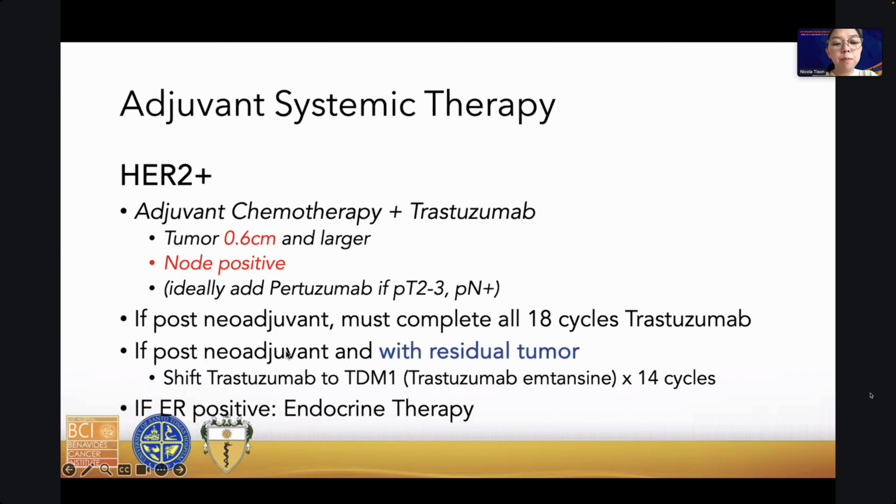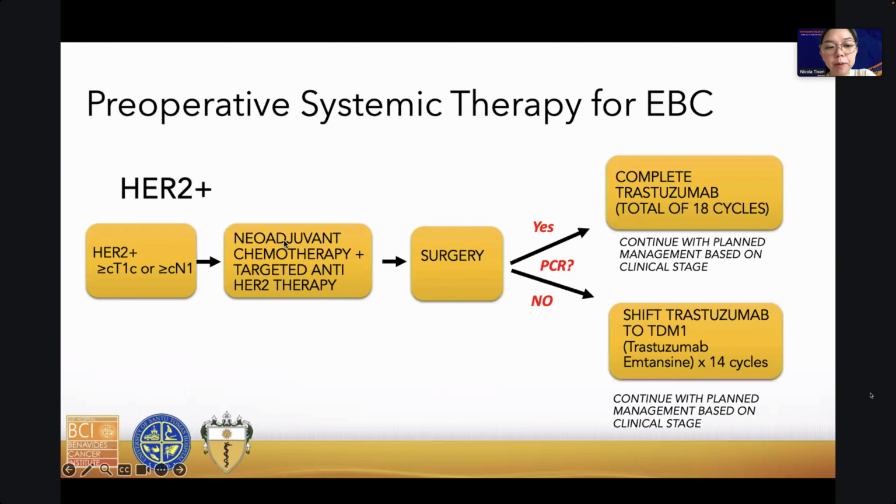Now, in patients post-neoadjuvant with residual tumor, then ideally we shift this trastuzumab to TDM1 or trastuzumab emtansine for 14 cycles. If they are ER positive, then in addition to the targeted therapy, we also give endocrine therapy. So similar to triple negative breast cancer, T1C or node positive, neoadjuvant chemo with targeted anti-HER2 therapy.